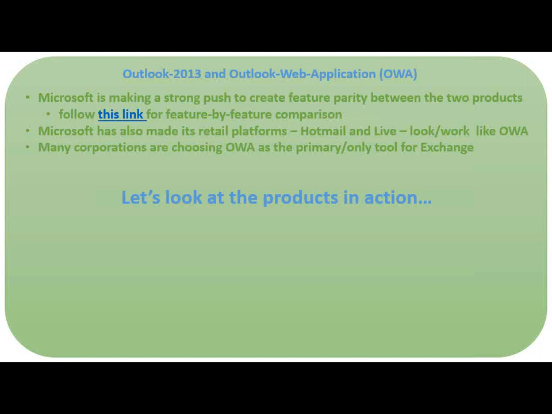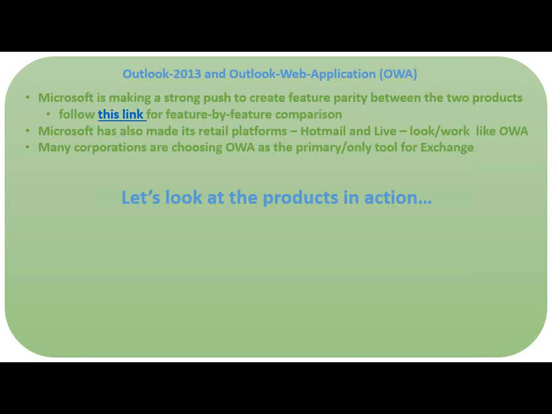If you've used both, you would have noticed already that the look and feel of both is somewhat similar, and certainly it's gotten more similar as Microsoft moved from 2007 to 2010 and now 2013 and the Office 365 platform. I've included in this presentation a link that gives you a feature-by-feature comparison of what works in Outlook and what works or does not work in Outlook Web Access.